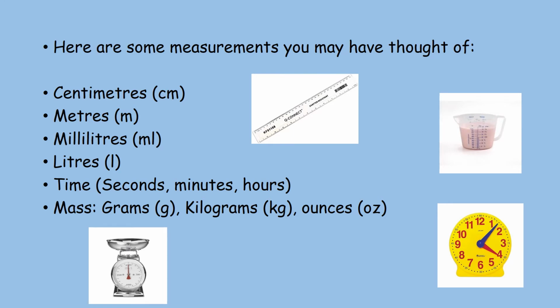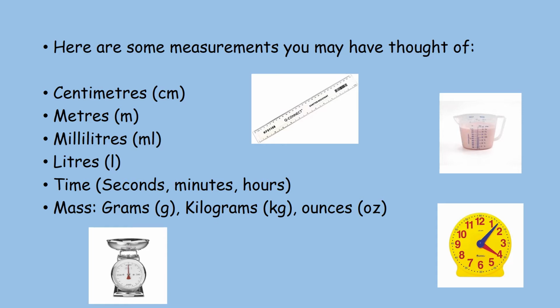Okay, I wonder if you've remembered some of these things we've looked at before. Centimetres, metres, millilitres, litres, and with time, seconds, minutes or hours, and with mass and weighing, grams, kilograms or ounces. So we've used rulers in school for measuring centimetres.